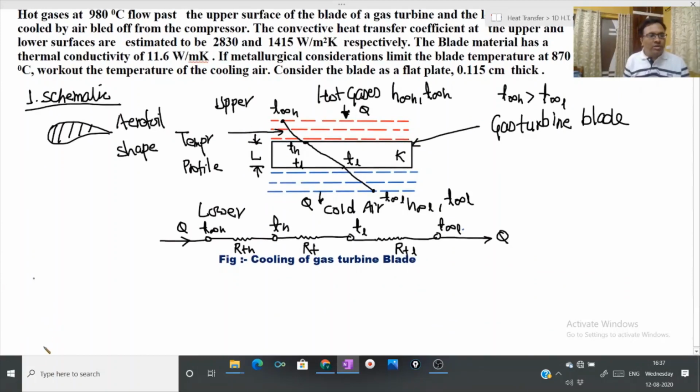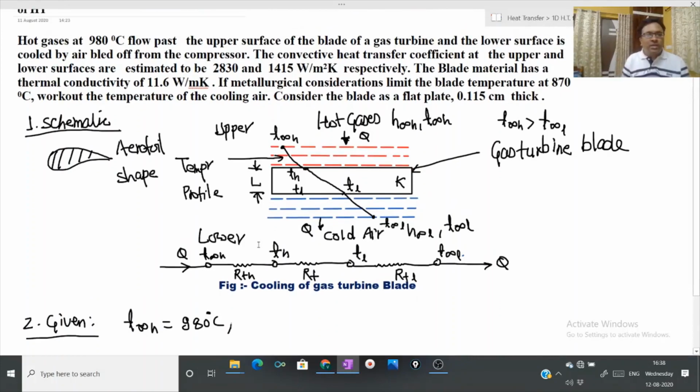Now point number 2, let us enlist all the given things. So we have been given hot gas temperature as T infinity H is equal to 980 degrees Celsius, and the cold air temperature is not given, it is to be calculated.